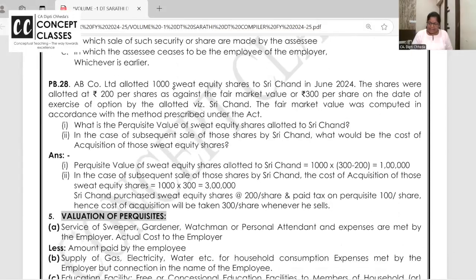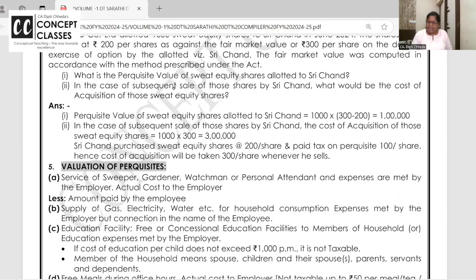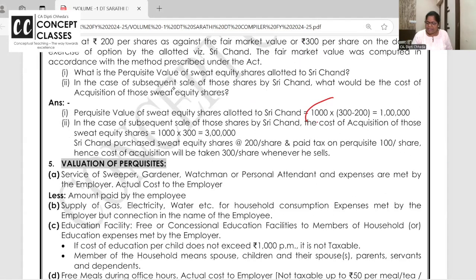Yes, ESOP, I'll directly take one example. Employer has given 1,000 shares of 300 fair market value to the employee under ESOP, employee stock option plan, at 200. This is asked many times in employee. So the employee is getting a benefit of 1 lakh rupees. It's exempt.